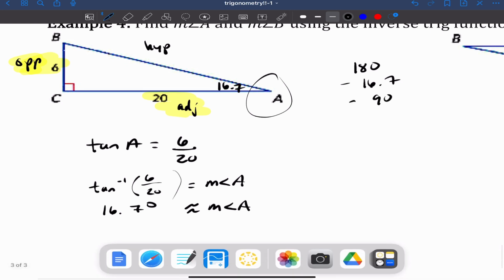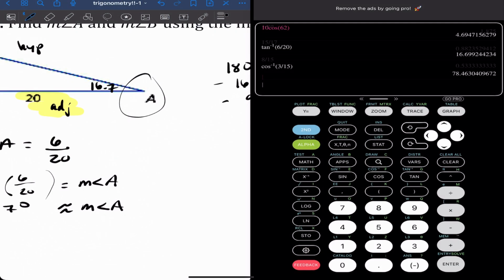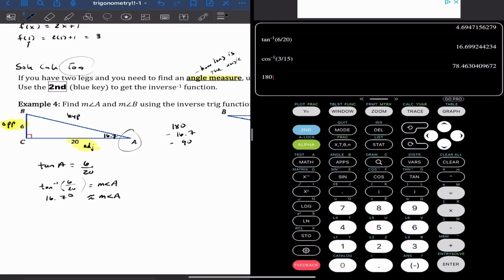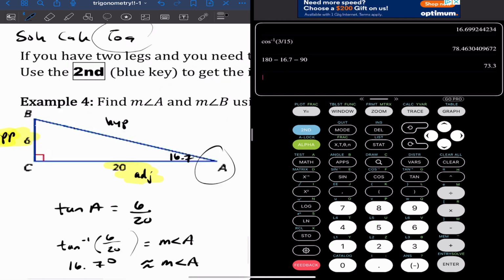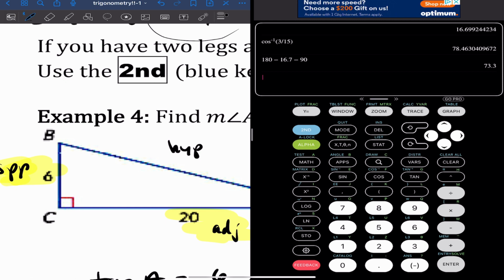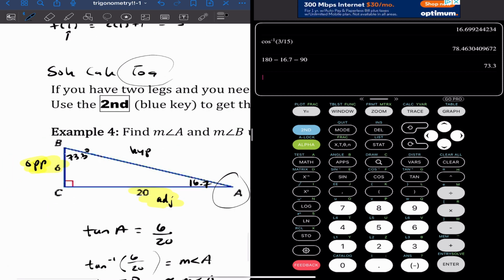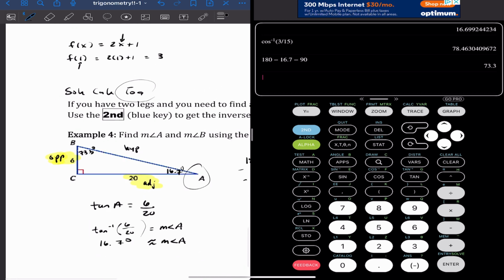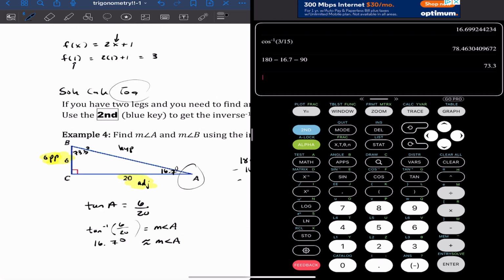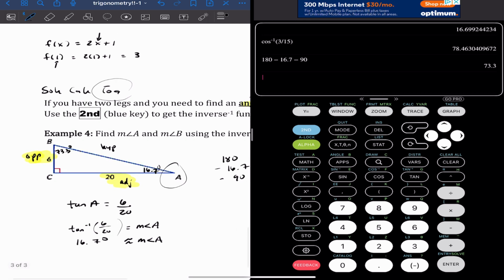So let's put that in our calculator real fast. 180 minus 16.7 minus 90. Press enter. Okay, so measure angle B is approximately 73.3 degrees, okay? So that's the answer. So there's measure angle A, and then there's measure angle B.